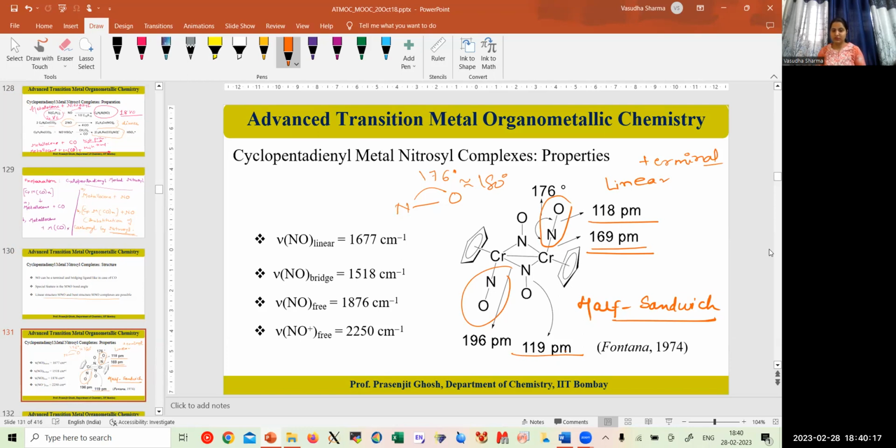So what we are looking at, the linear, terminal one is having more bond strength.